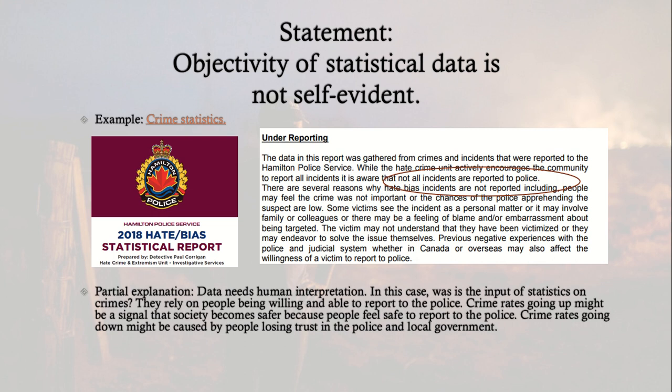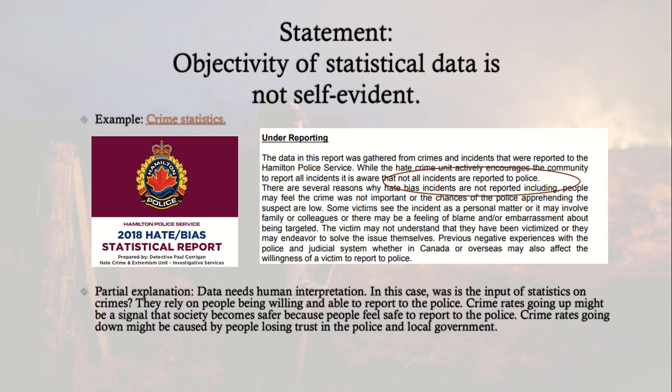But in their report they claim that not all incidents are reported to the police. And it's a good thing that they honestly admit that, because that's giving us the means to check the value of their information. But what we're trying to look for is, why is statistical data not objective in itself?